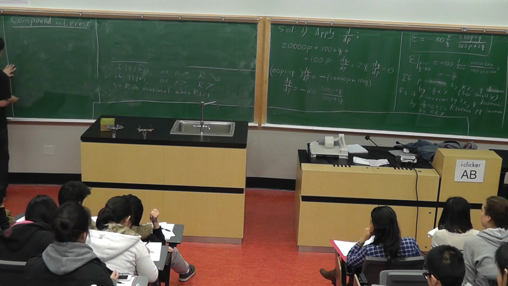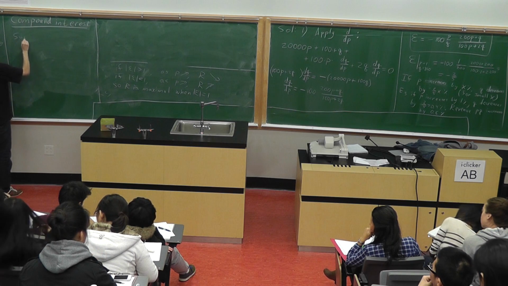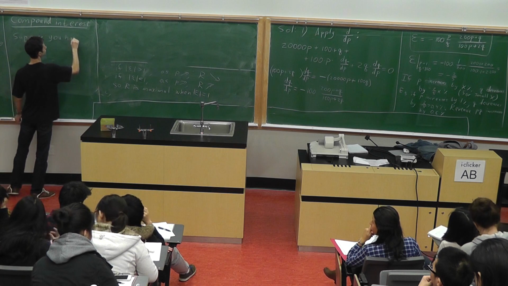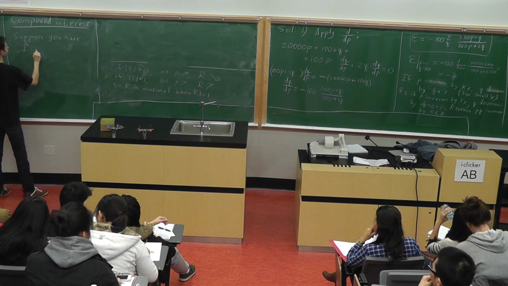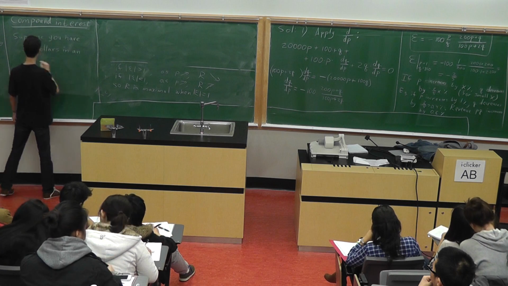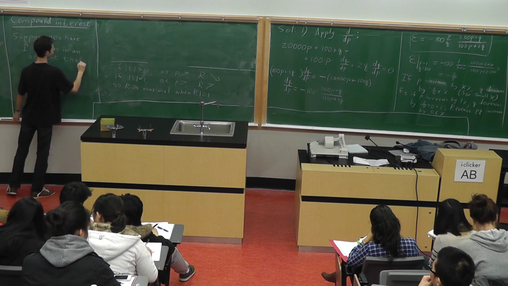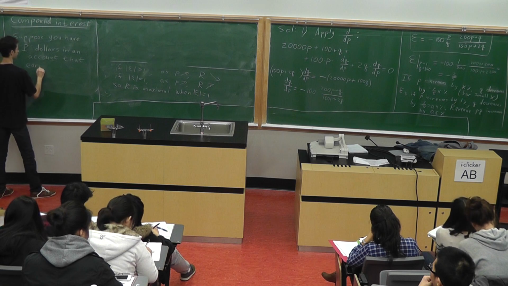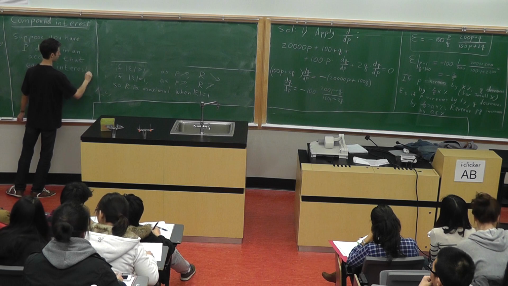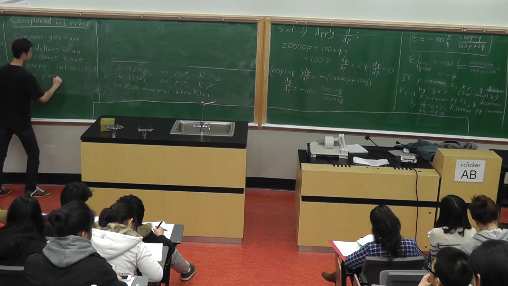Okay, so let's indeed analyze what happens. Suppose you have $P in an account that earns interest of 2% per annum.